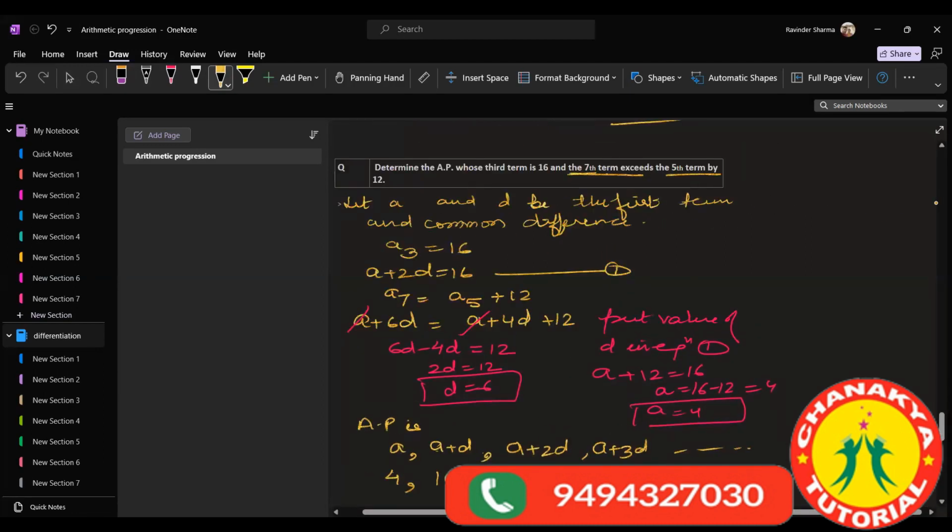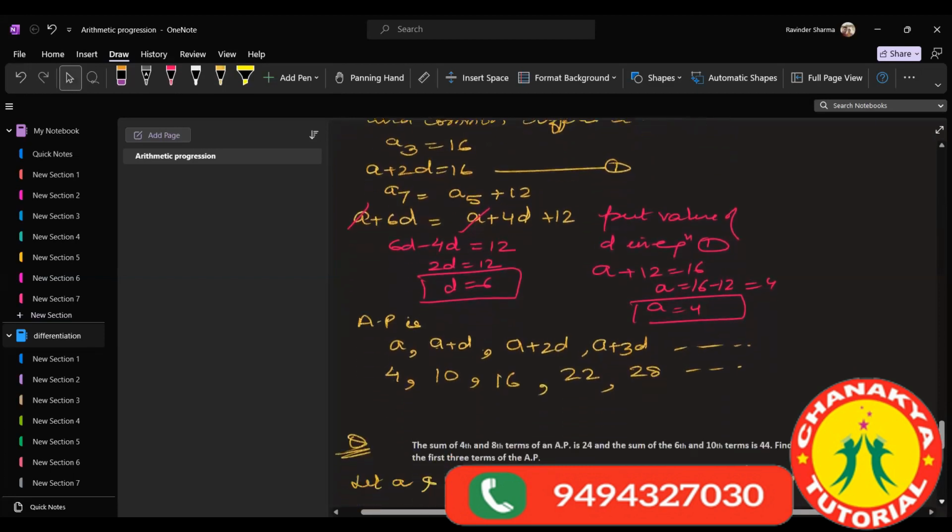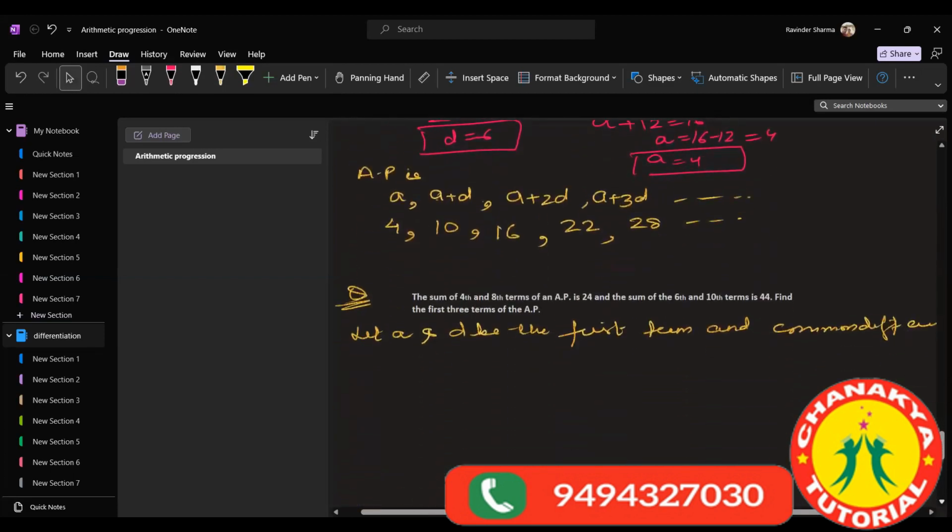Now here it is written, the fourth and eighth term sum is 24. So we can write it like this now, children. Yes, ma'am.